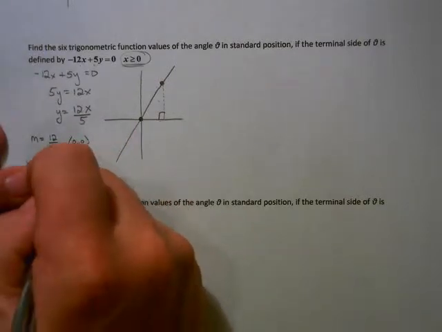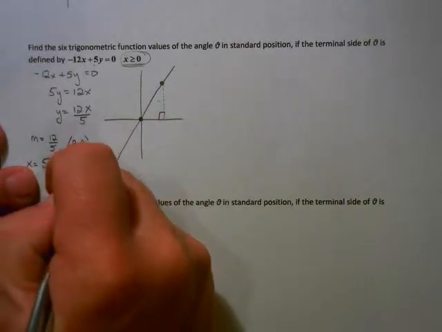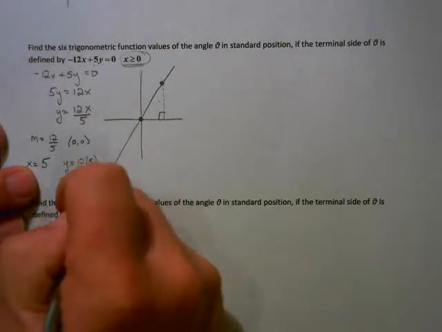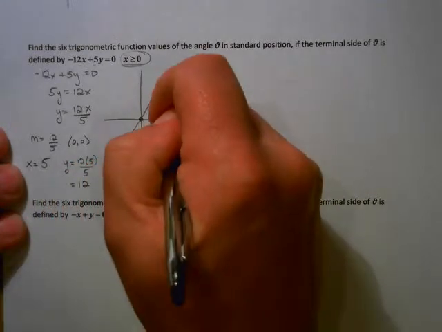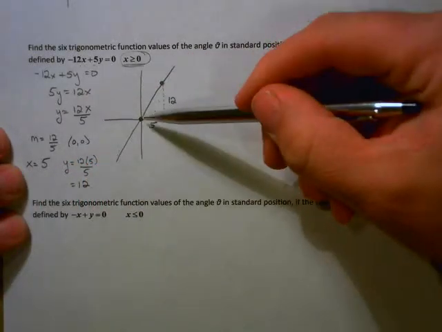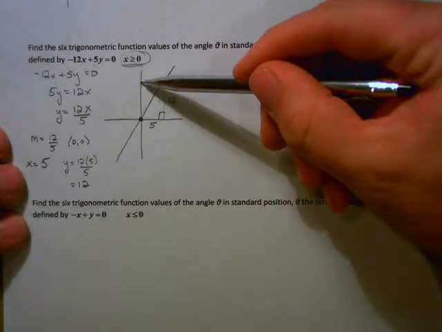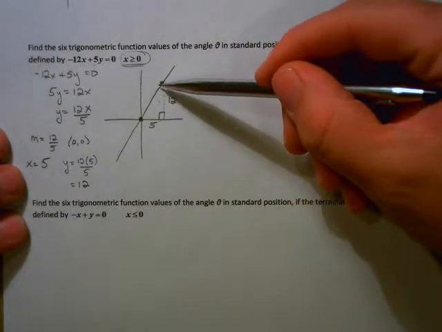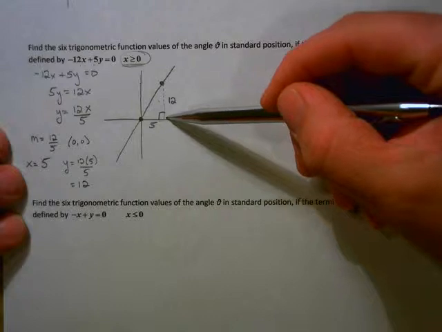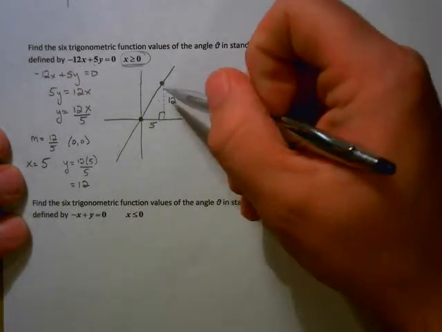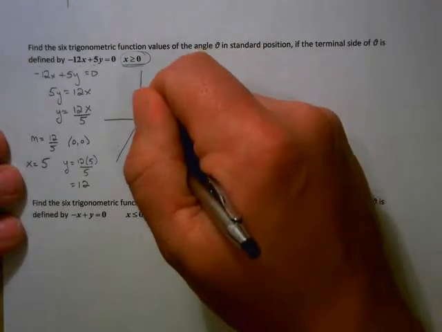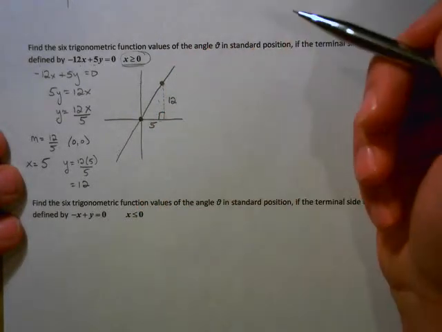If x is 5, then y equals 12 times 5 divided by 5, which is 12. So when x is 5, y is 12. But we knew that because we had to rise 12 from our slope and run 5. There's our rise 12. Here was our run 5. But again, we're getting that right triangle. We have our x. We have our y.